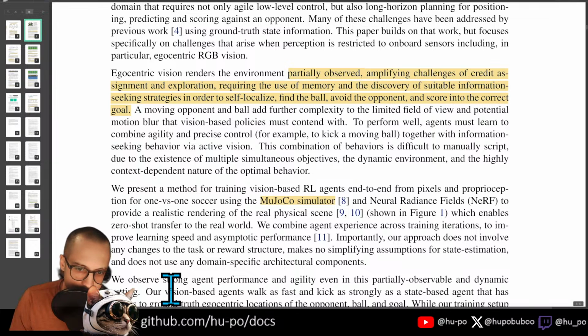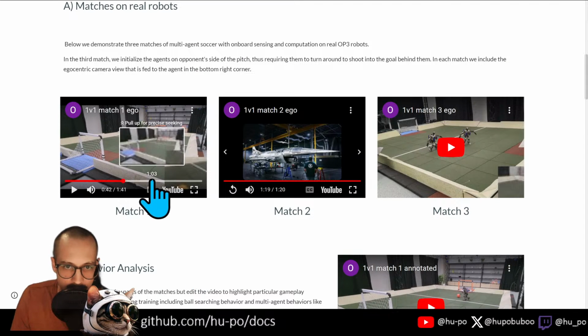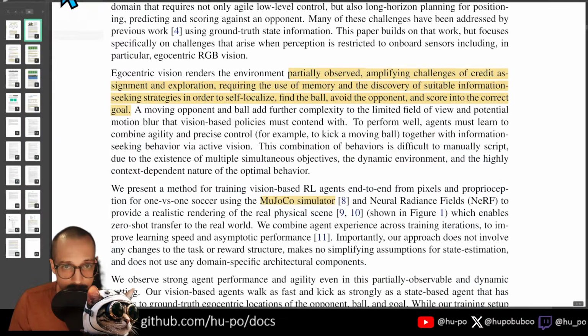Exploration is, whenever you're training this thing in simulation, you want your policies to explore parts of the state and action space that you don't have experience for, right? So you want your robot to kind of have some incentive to explore maybe kicking it with the left foot as opposed to the right foot, or maybe kicking it from over here rather than kicking it from over here, right? So there's this difficult exploration problem.